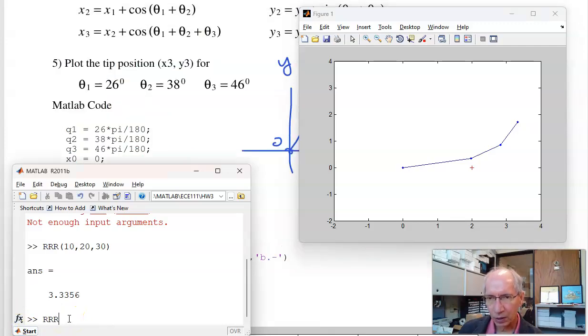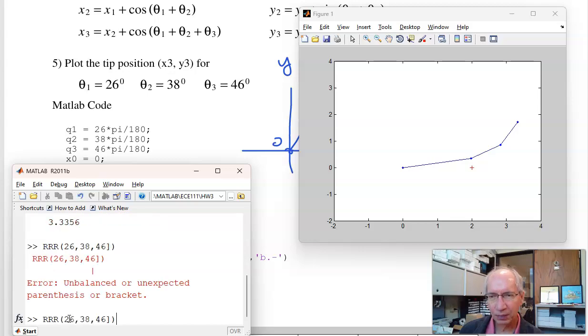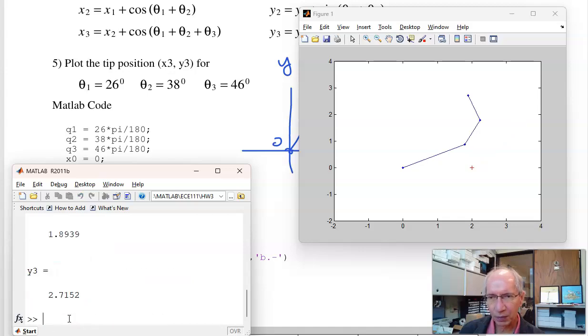Or, if I want to go at 26 degrees, 38 degrees, 46 degrees, and return 2 parameters, it tells me here's the x-coordinate, there's the y-coordinate. So x is at 1.8, y is at 2.71.